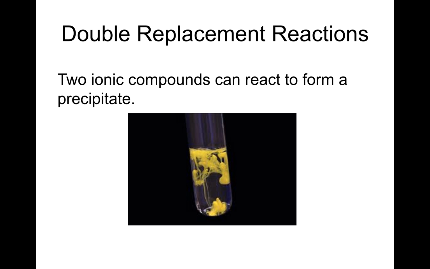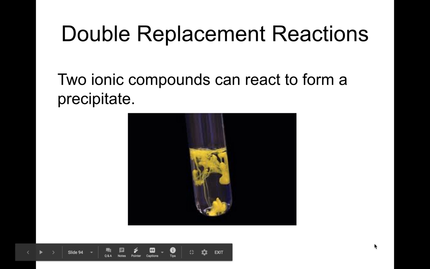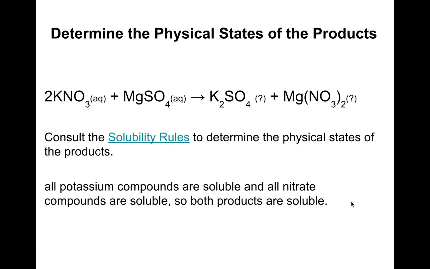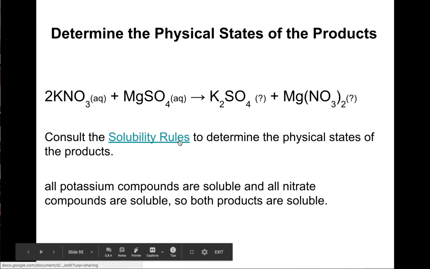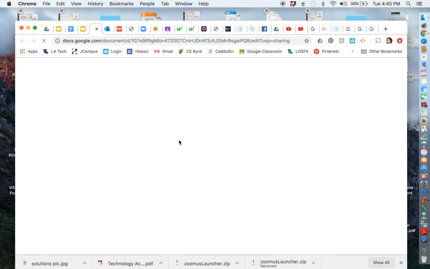In a double replacement reaction, if you put 2 ionic compounds together in the same reaction vessel, for example this test tube, they can react to form what's called a precipitate. A precipitate is a solid compound that forms when you put 2 aqueous solutions together. But you must consult solubility rules to find out the precipitate.